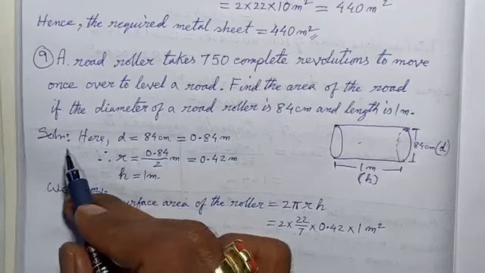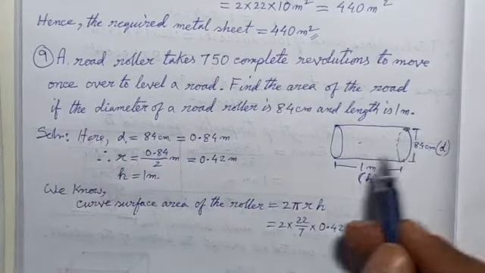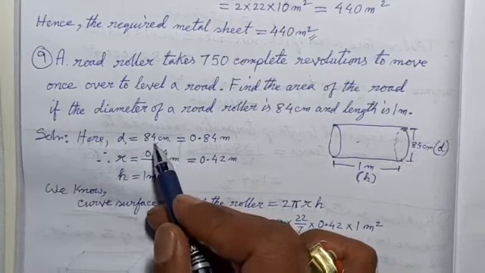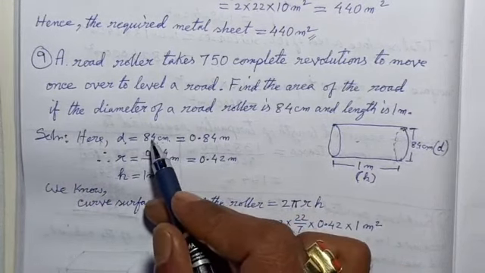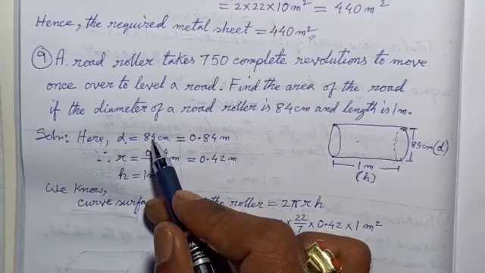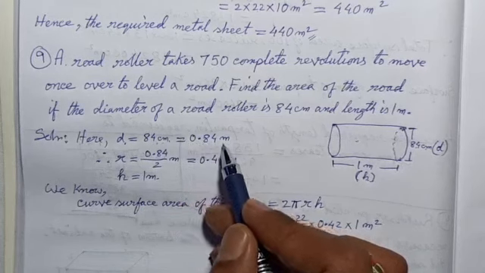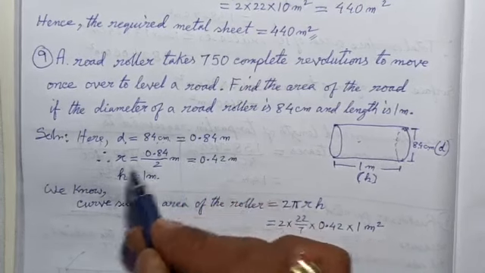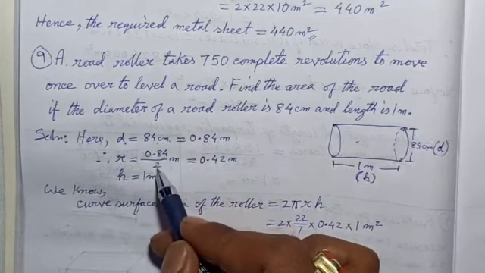Here diameter D is 84 centimeter, and let us convert 84 centimeter into meter. If this 84 is divided by 100, then we'll get 0.84 meter. Now this is meter. Therefore radius is diameter by 2, so 0.84 divided by 2 meter.